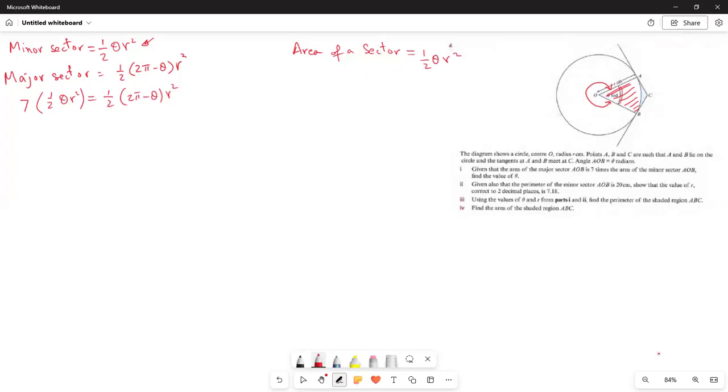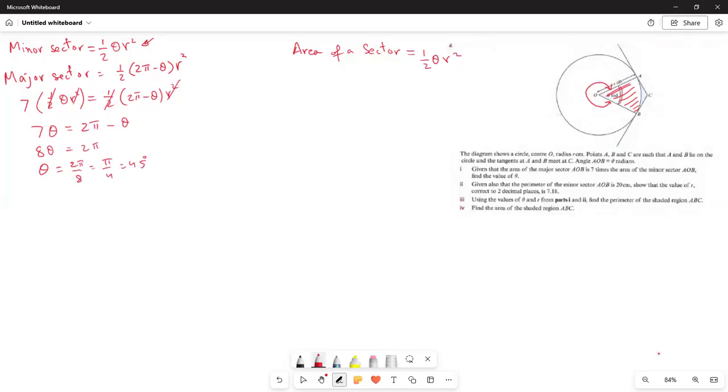Now I can cancel this half and I can cancel this r squared from both sides. So I am left with 7 theta equals 2 pi minus theta. So theta goes here, with 8 theta equals 2 pi. So theta is equal to 2 pi by 8, which is pi by 4, which means 45 degrees.